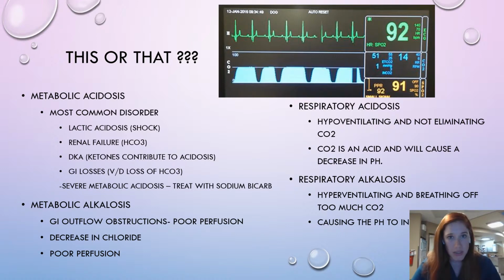Respiratory alkalosis, okay, so respiratory basicness, is hyperventilating and breathing off too much CO2. So it's basically the opposite. So those are just some examples of what we may see: metabolic acidosis, respiratory acidosis, metabolic alkalosis, and respiratory alkalosis.